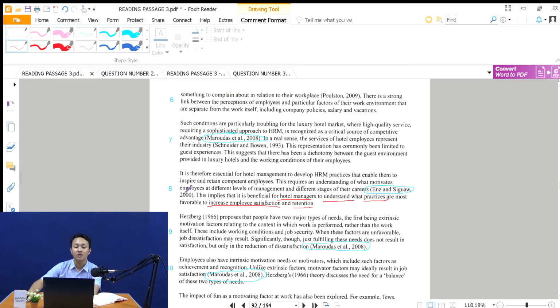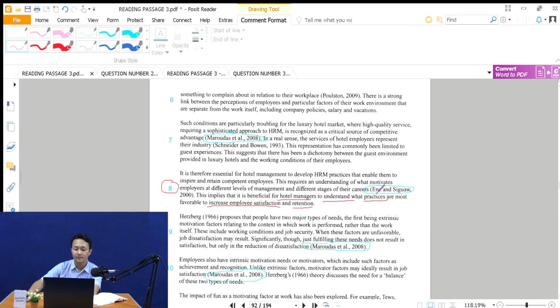Okay, so you will find that the information is in paragraph 8, right? But then you have to find out who made this statement, and you will see that there's only one name in here, Siguo, but you have to cross-check it again. Is it really them or maybe not?